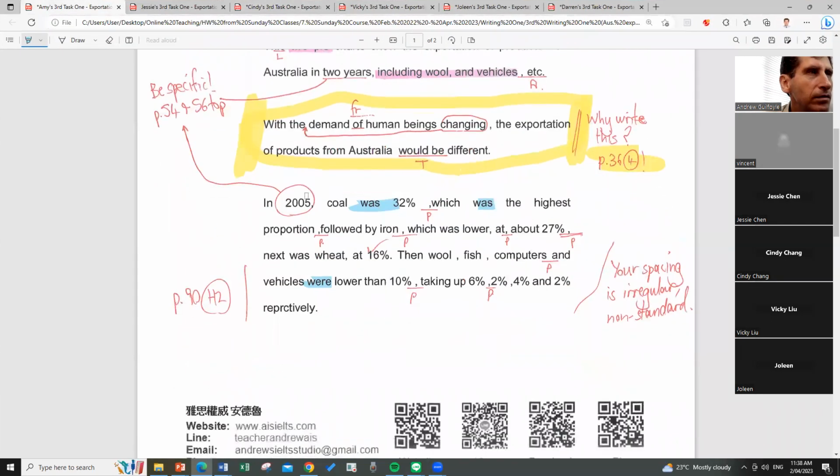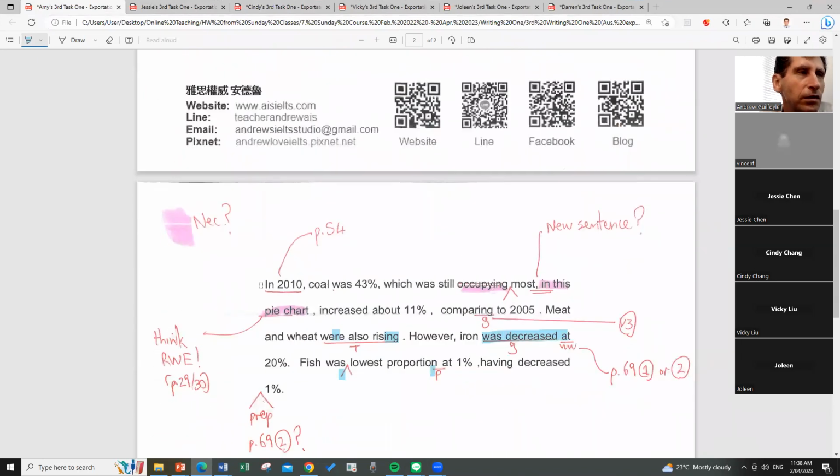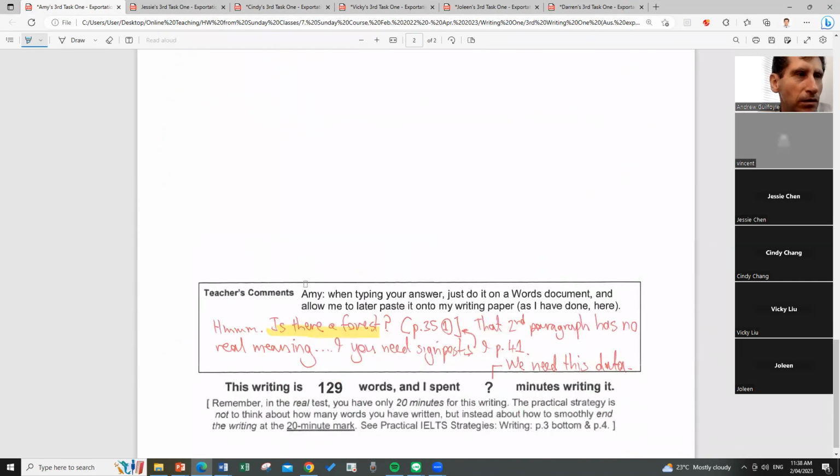Amy, you did not use topic phrases. You don't have to use topic phrases. You just use what I call a prepositional phrase, and it's logical. It's logical, but I do like topic phrases.